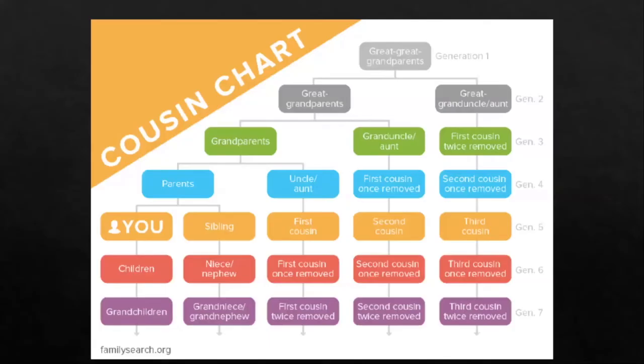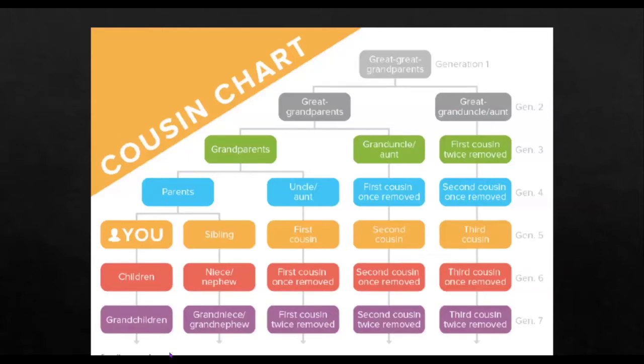I think my next slide, yes, is a cousin chart. So I'm going to show you a bunch of different cousin charts. I'm using this one to get us started. This is one type of cousin chart that has you on it. So when you come up the line, the first stop is your parents. If you share parents with someone else, they're your sibling, your brother or sister.